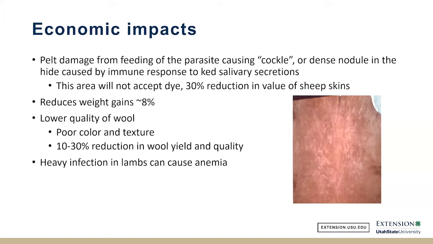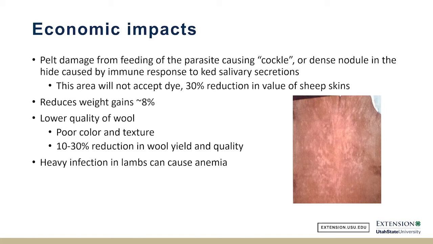And maybe this doesn't sound like a lot right away, but if we're trying to market lambs, and currently lamb prices are pretty good, they've swung up pretty good since COVID really started. Losing 8 pounds on a 100-pound lamb, that's quite a few more dollars you could have had in your pocket if not for sheep Keds.